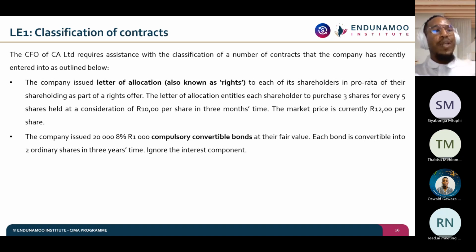You've issued me 20,000 bonds that pay 8% as a coupon rate. 8% of what? 1,000 Rand being the par value. You have issued these to me at their fair value, and these have to be converted to equity or into ordinary shares in 3 years' time.